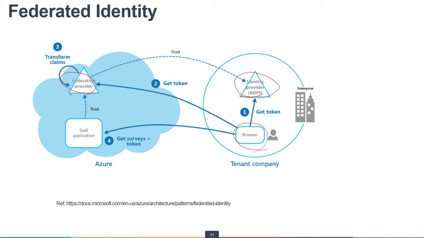Okay, and similarly the federation provider and the service provider, the SaaS application provider, also trust each other. So when you submit the token to the federation provider, you get another token which you can submit to the SaaS application to get access.